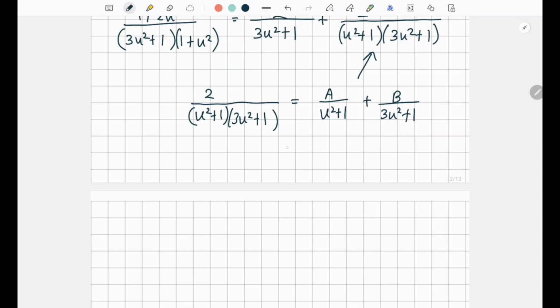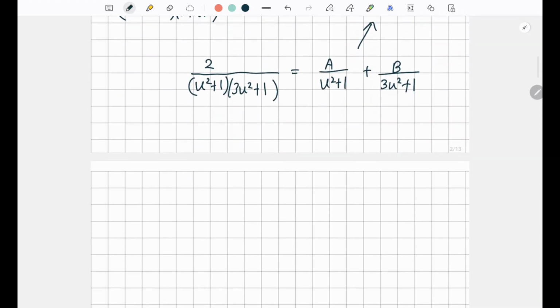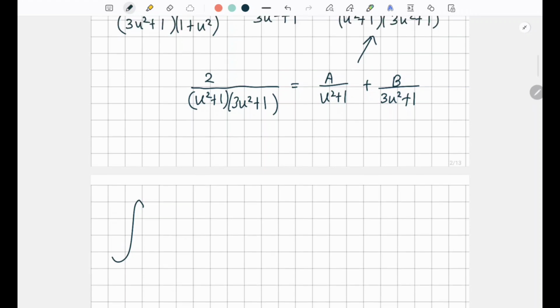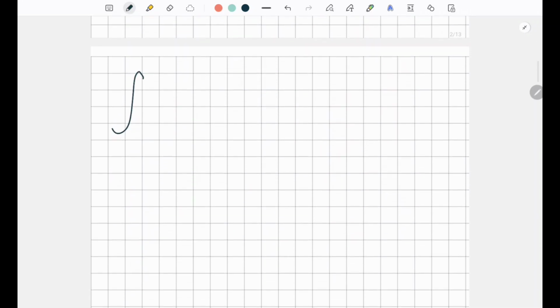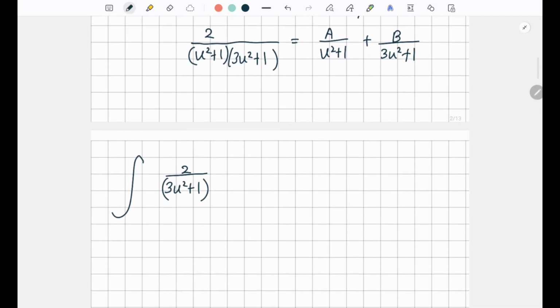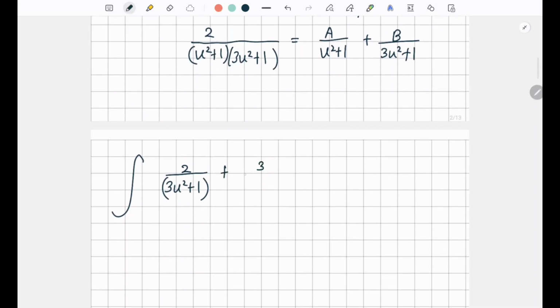So now you can break down the integral to 2 over 3u squared plus 1 plus 3 over 3u squared plus 1 minus 1 over u squared plus 1, du.